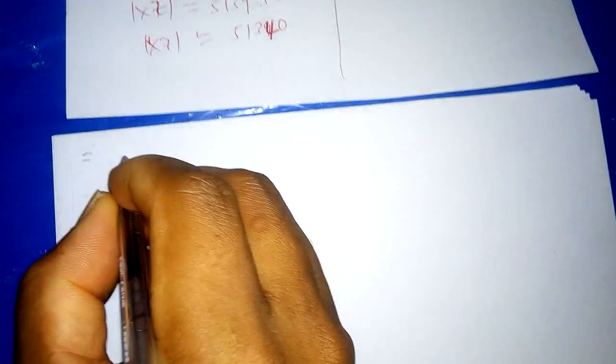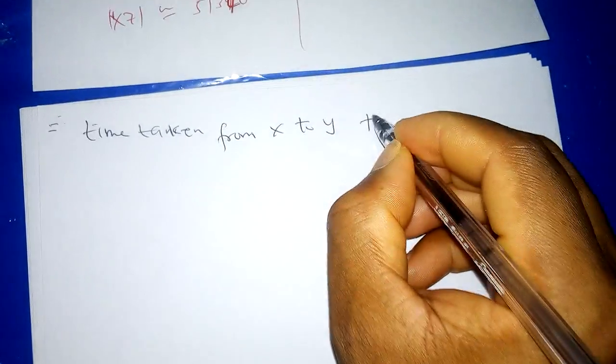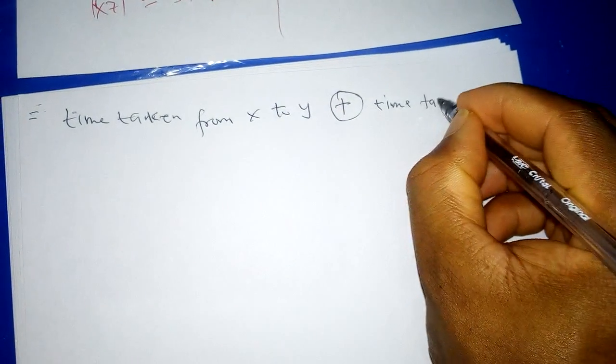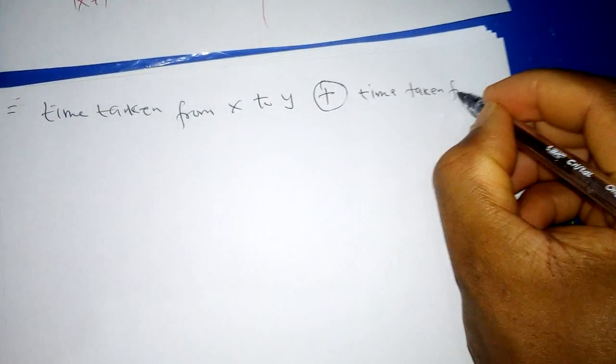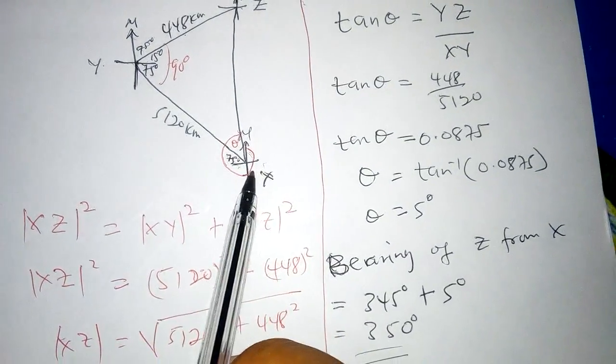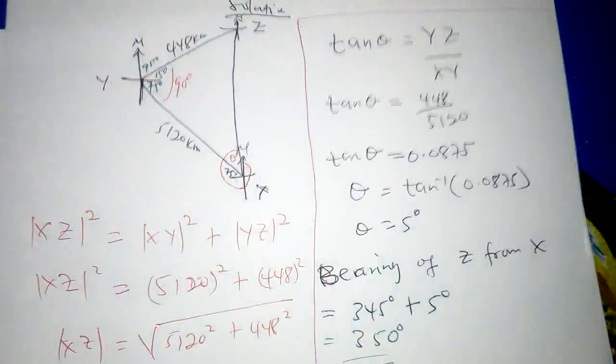The time taken will be equal to the time taken from X to Y plus the time taken from Y to Z. That's what we are going to do: the time it takes me to move from here to here plus the time it took me to move from here to here. I hope you had it correct.